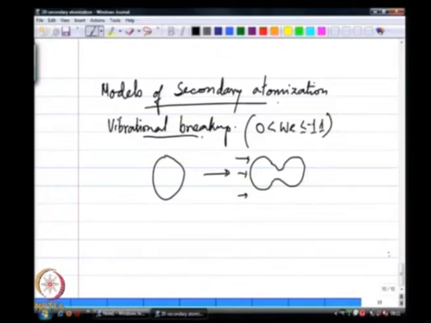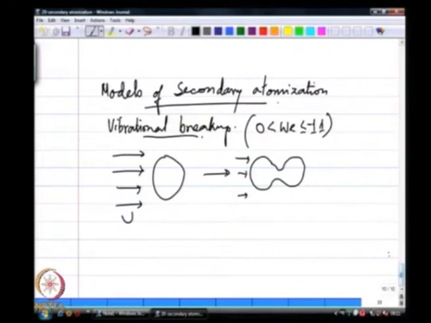This is what we found yesterday, and for this regime essentially the physics associated with breakup of a drop in a stream of some velocity u is that it starts to oscillate, and this oscillation can grow in time and eventually cause the drop to break up.